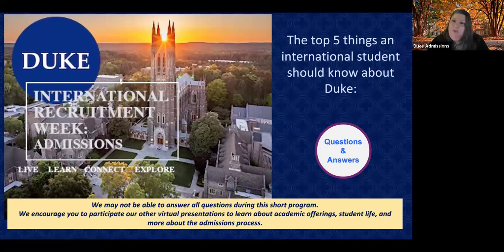So students have questions about scholarships. Scholarships are handled the same whether you are domestic or international. We have a very small number of merit scholarships that we offer. So basically, what we tell students is that all admitted students are automatically considered for eligible scholarships.